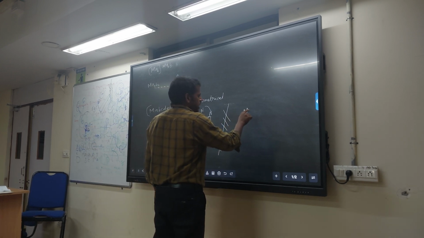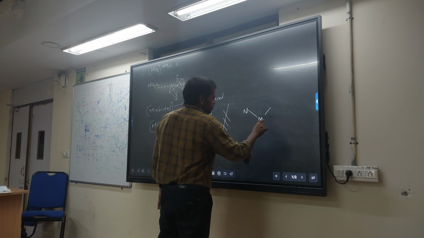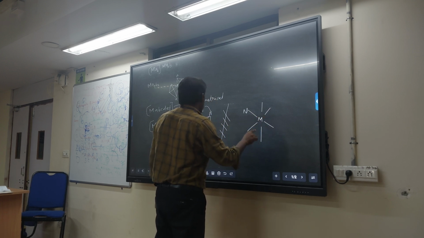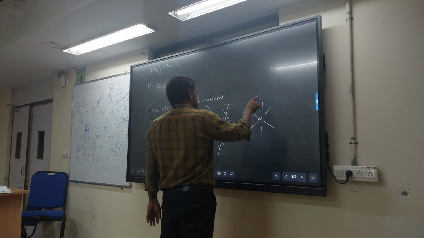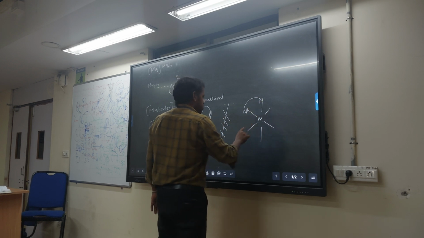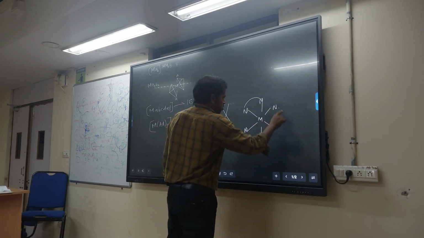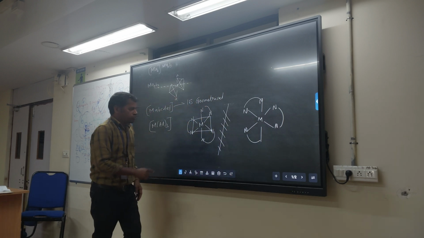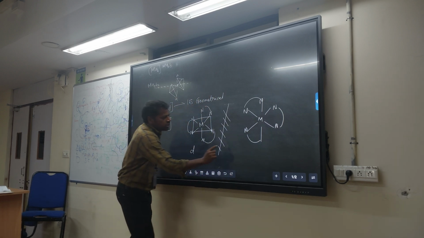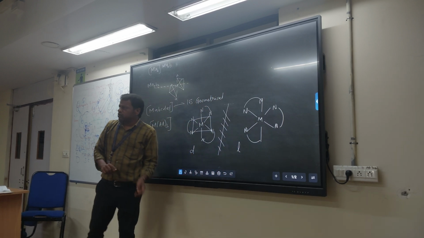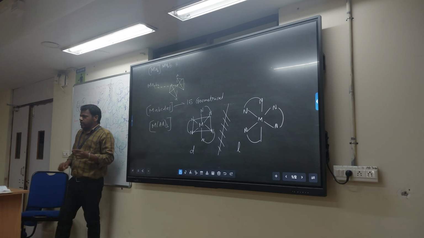For example, N, metal is here, right? So here, N. So if this is the D isomer, then this is the L isomer.